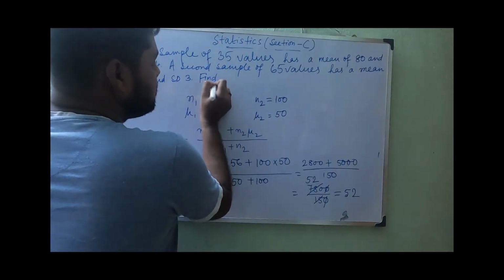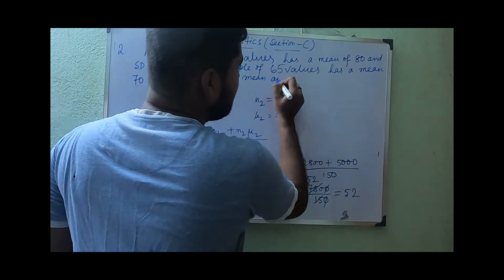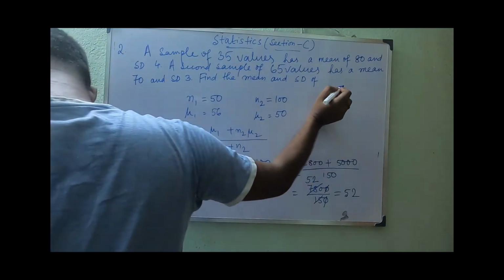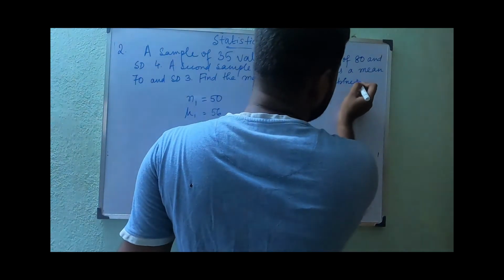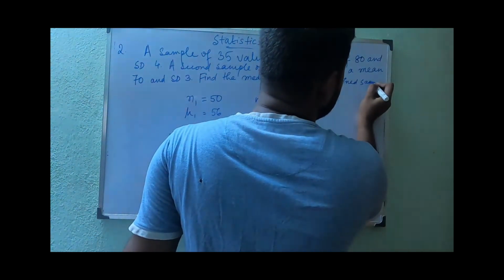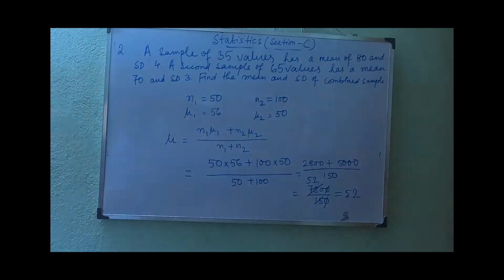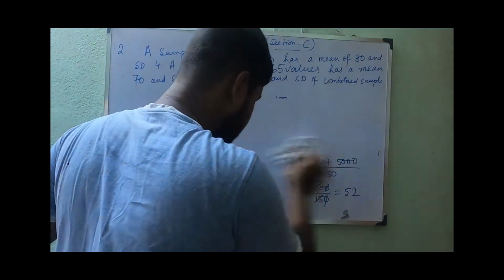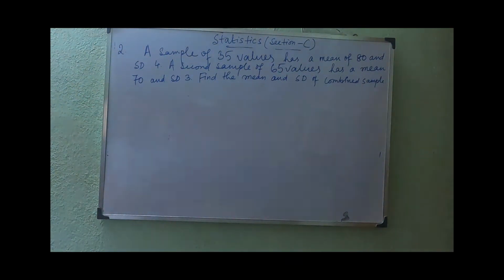Find the mean and SD of the combined sample. Fine. So this is the question given. So in this question we have to find the mean as well as the standard deviation, that is SD, of the combined sample.